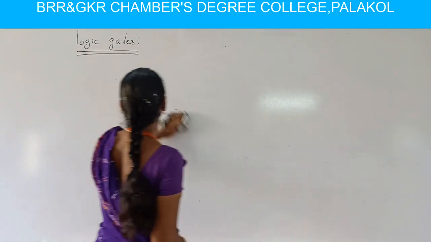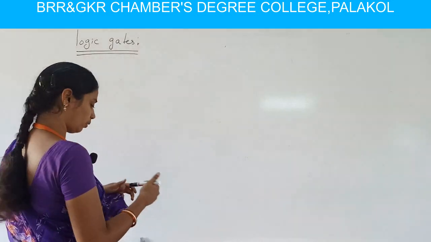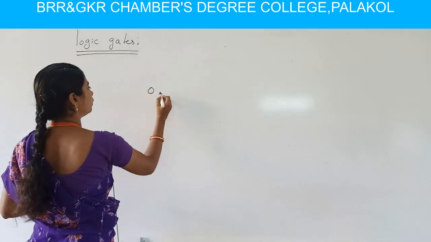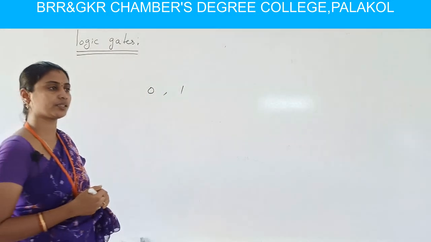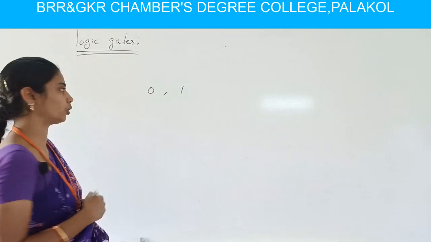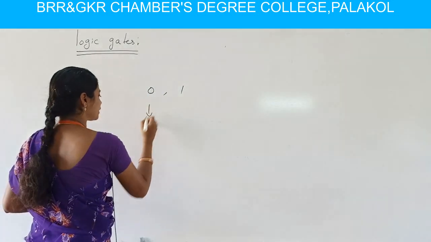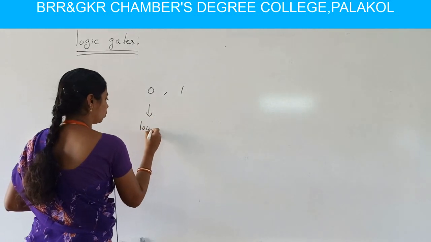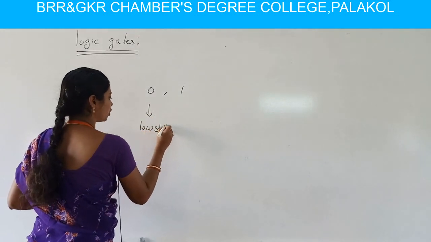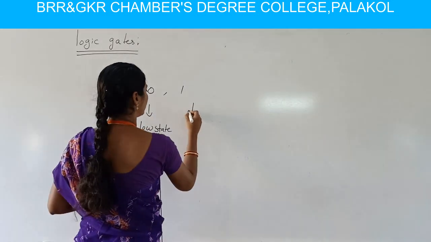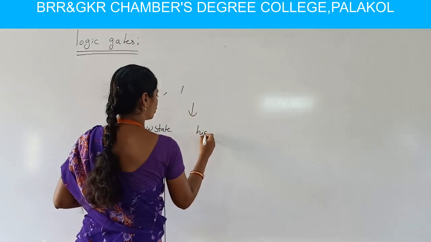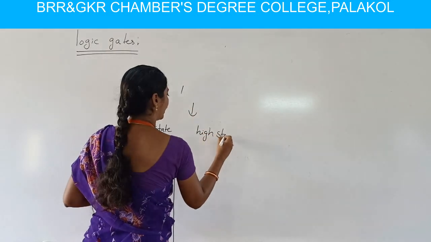What are binary numbers? Here, 0 and 1. These two are binary numbers we know. Here 0 means the logic level in low state, and 1 means the logic level in high state.